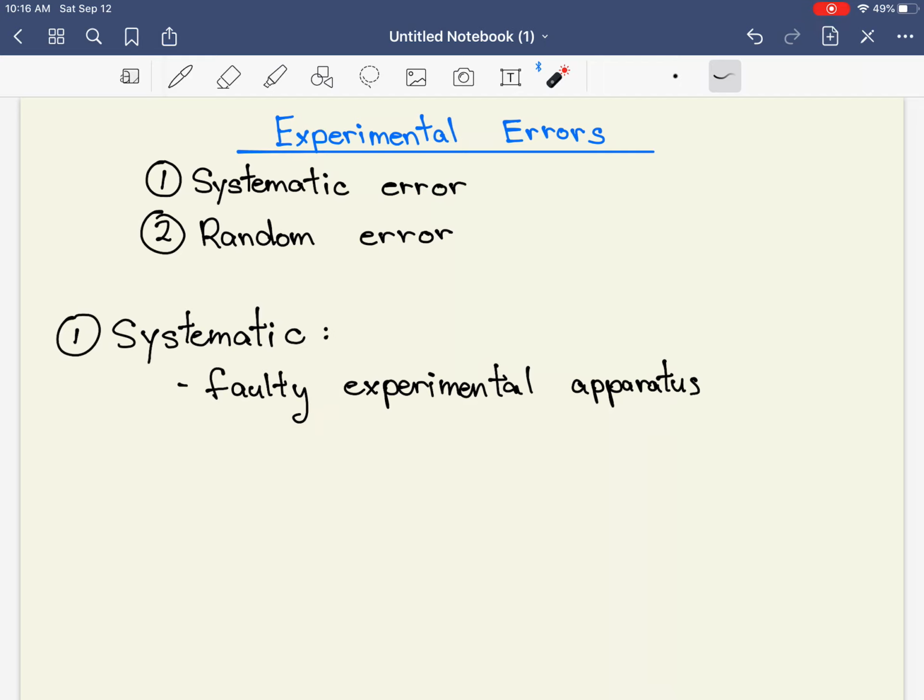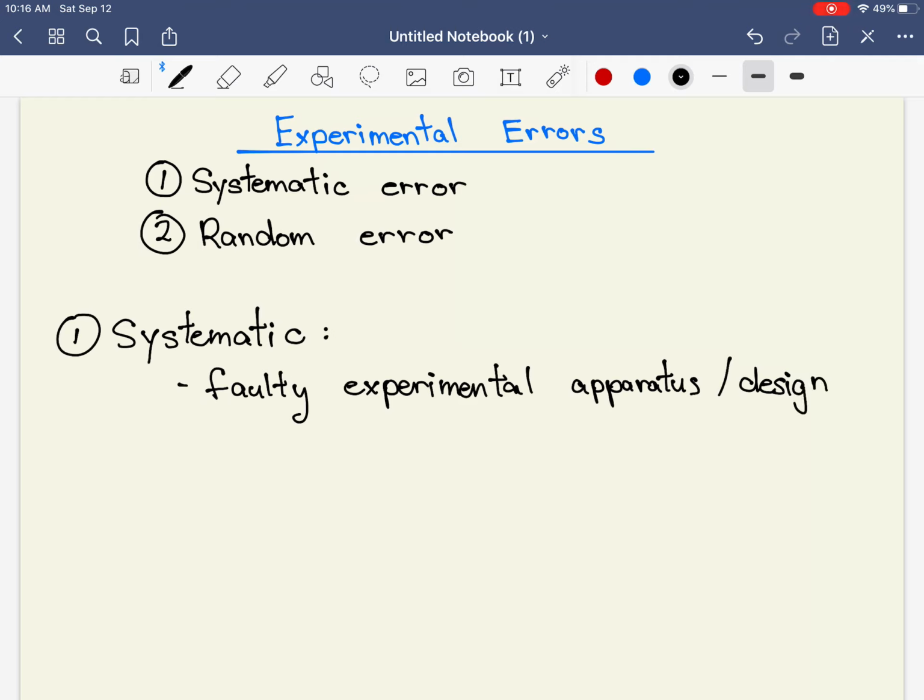What if the digital balance that you're using is non-calibrated? Well, again, you're not going to get accurate results. You try to weigh something, and if it's supposed to weigh 10 grams, it's going to give you 11 all the time. That's not a good thing, but that is what we call a systematic error. Now, it's not always just the apparatus to blame; sometimes it could be the design of the experimental procedure.